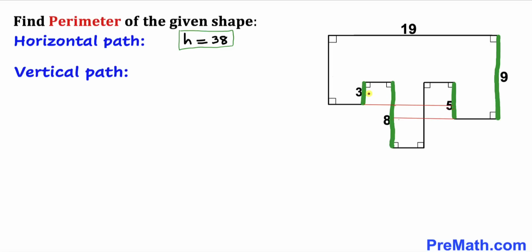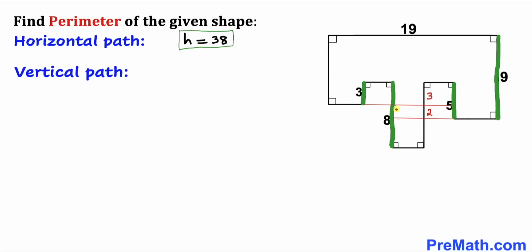And now we can see that this length is 3 units, so therefore this length is going to be 3 units as well. And now we know that this whole length is 5 units, and we know this part is 3, so therefore this part is going to be 2 units.